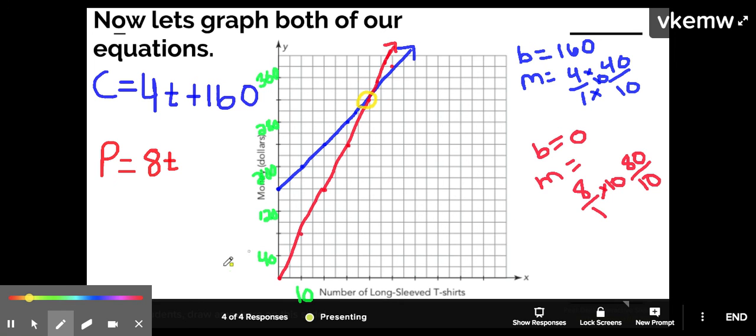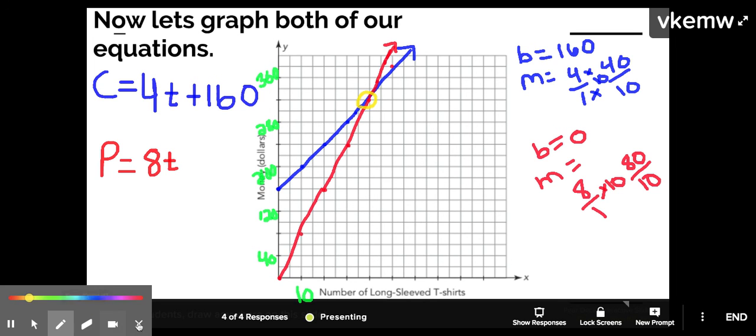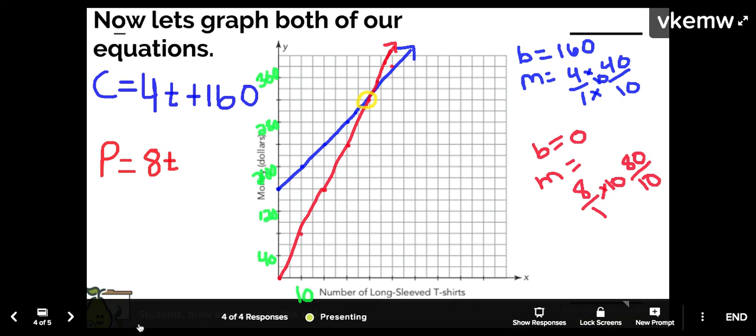Now, what I want us to do is look at doing that mathematically. Here we graphed and we're able to notice where our cost and our profit are going to be the same. It's key because if this was a company, I want to know at what point I'm going to start making profits.